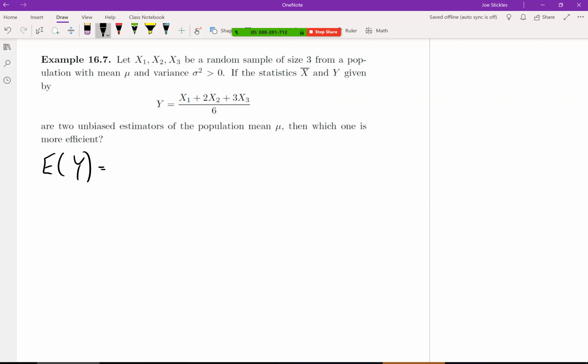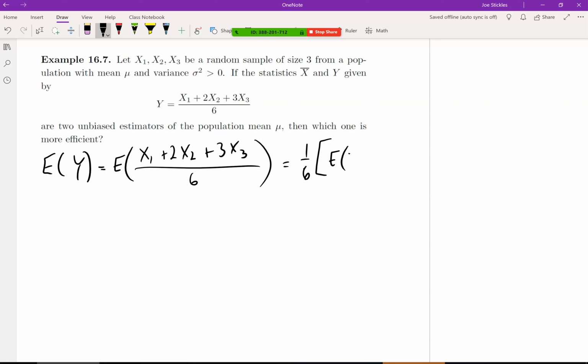So we're going to take the expected value of the statistic that we're computing. And then, of course, we can pop out the 1/6. It's just a constant.